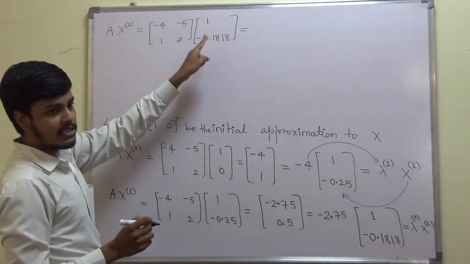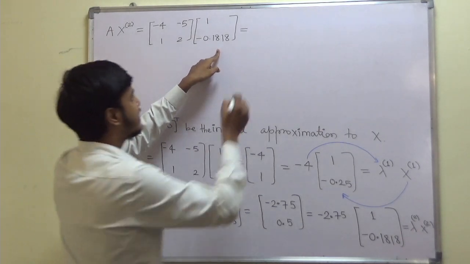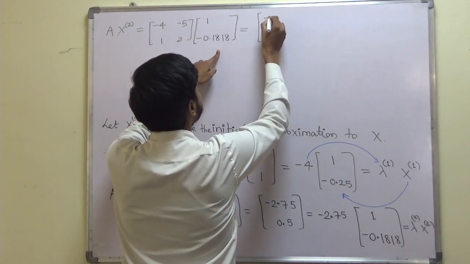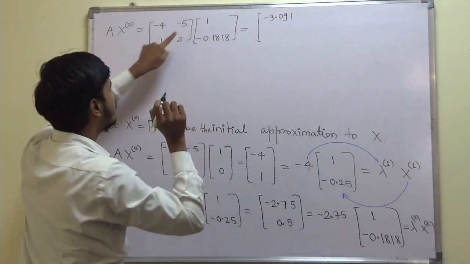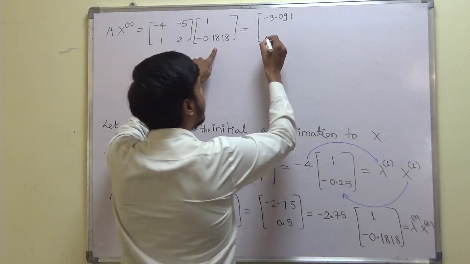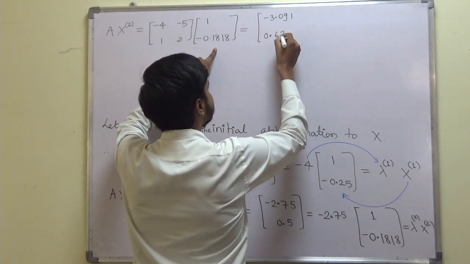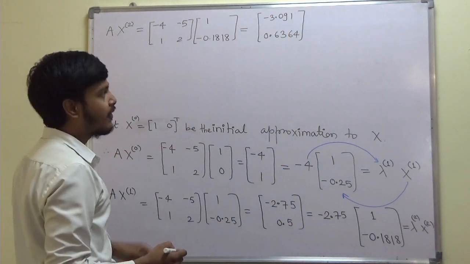Minus 4 plus 5 times of this. So when you do it, you'll be getting minus 3.091, and 1 ones are 1, minus 2 times this. So 1 minus this is 0.6364.